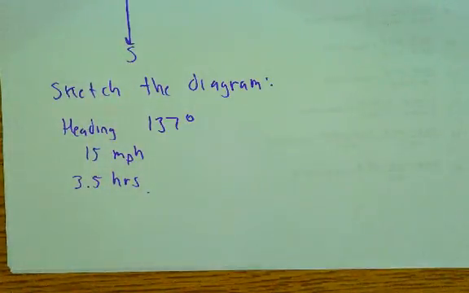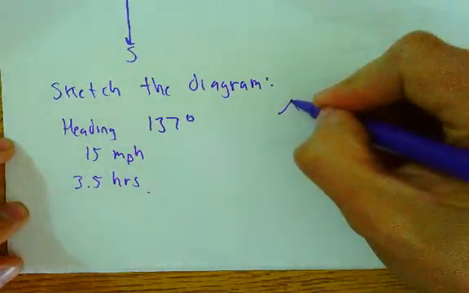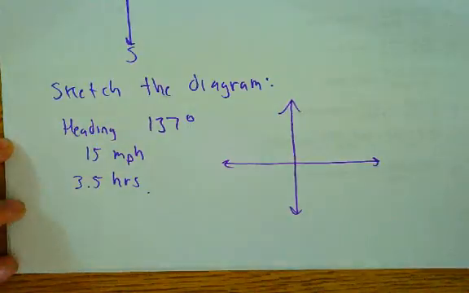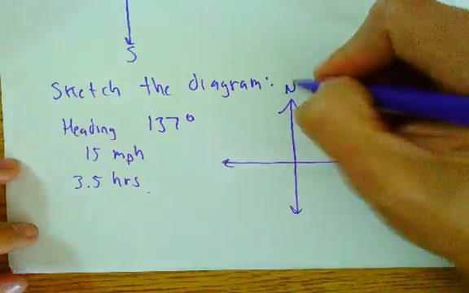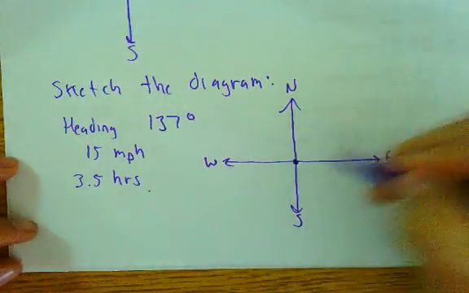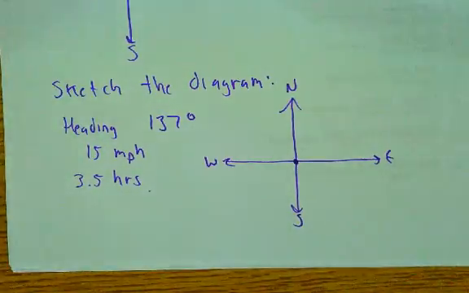So if you want to draw a diagram of this, first you need a compass. Cool? If you ever use a compass, then this is you, right? So like you're standing and this is you, and then you just got to follow the arrows. There's an arrow that tells you where the north is, etc., right?